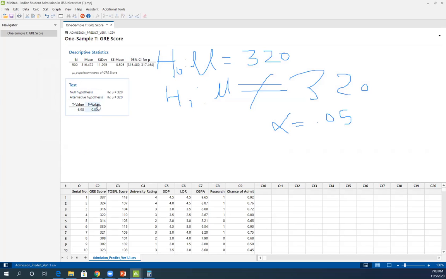What we can understand is that there are two ways to decide whether your hypothesis is accepted or rejected. One is the p-value, one is the critical value. Now look at the critical value situation.